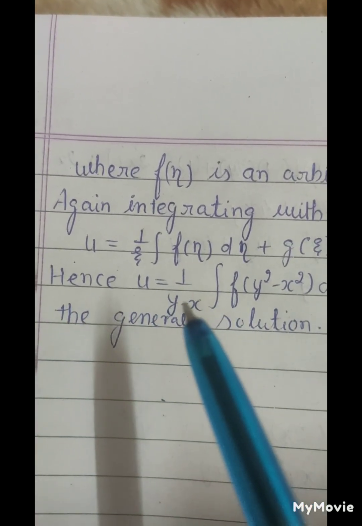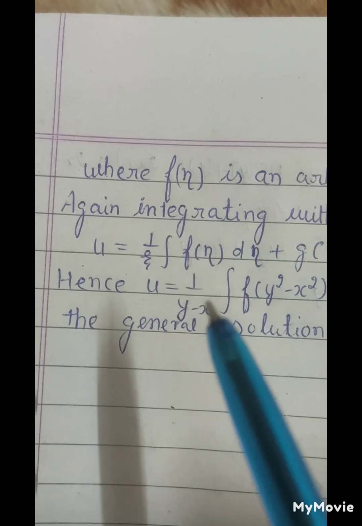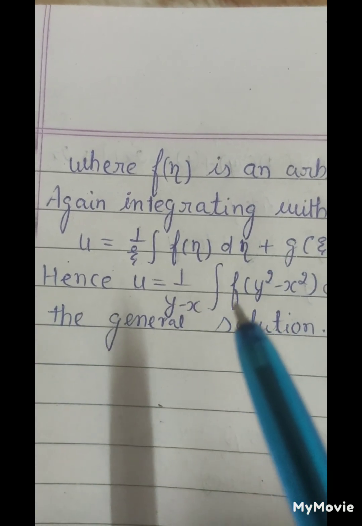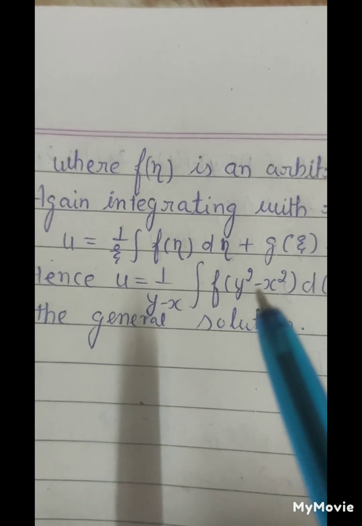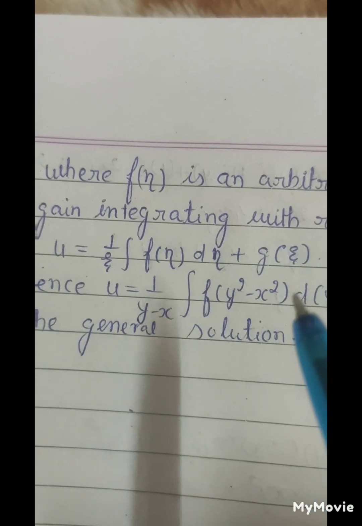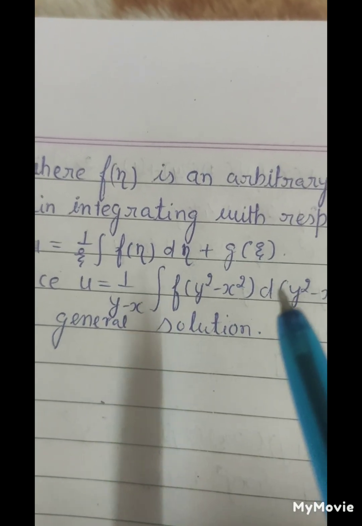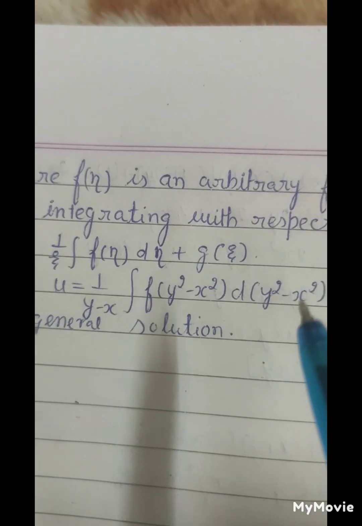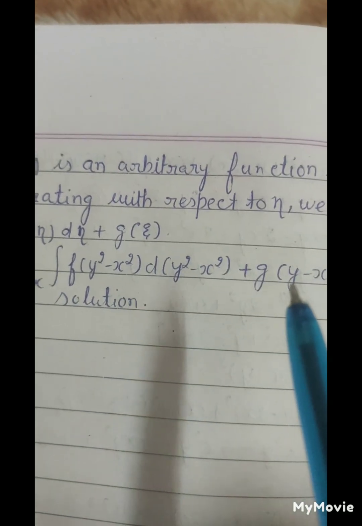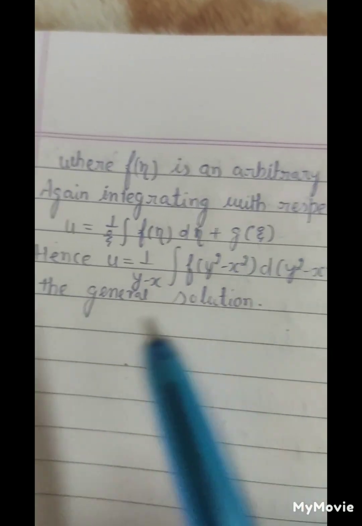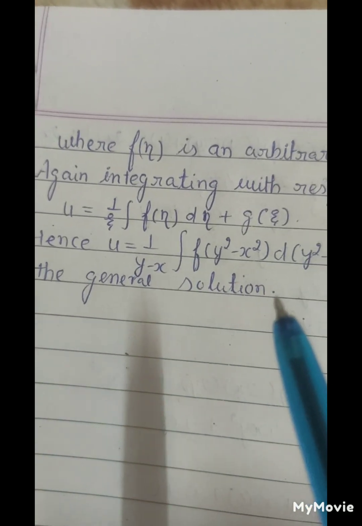Hence u equals 1 upon, in place of xi y minus x, integral f eta, in place of y square minus x square, d eta, plus g xi, where xi is y minus x, is the general solution.